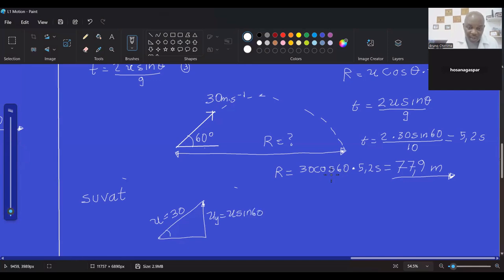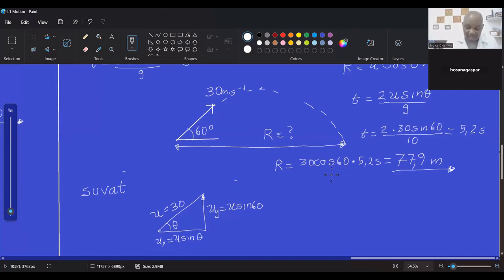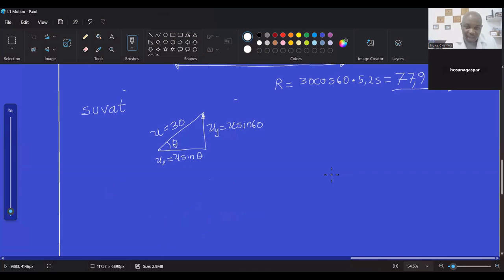In this case, theta is 60. And the horizontal one, u sub x, will be u cos theta, because we're using the letters. Yeah, because we haven't substituted. So immediately, that will give you a value.